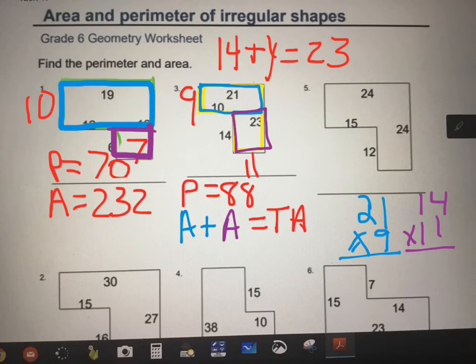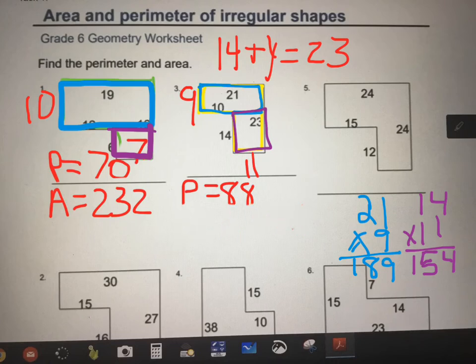Okay, so let's find the answers. 21 times 9 is equal to 189, and 14 times 11 is 154. Now what you need to do is add those two numbers together to get your total area.